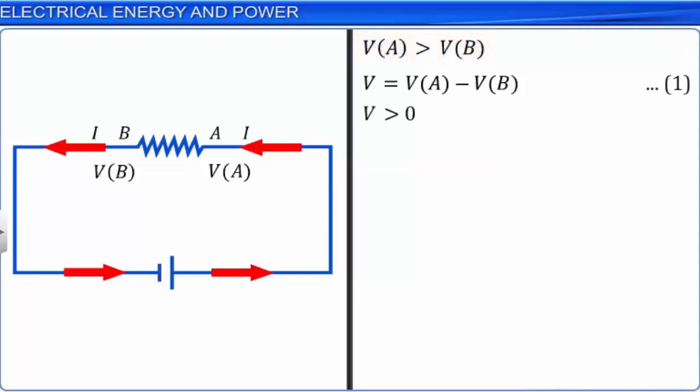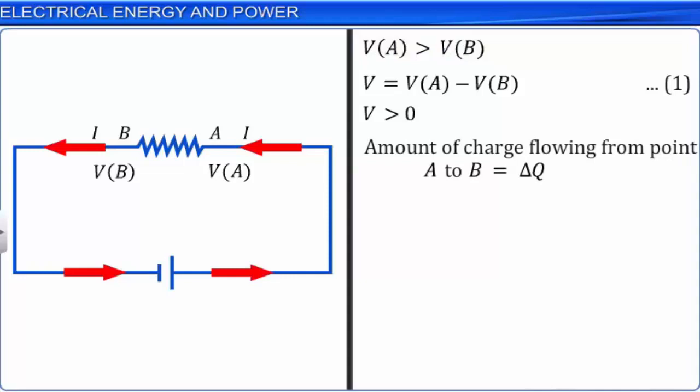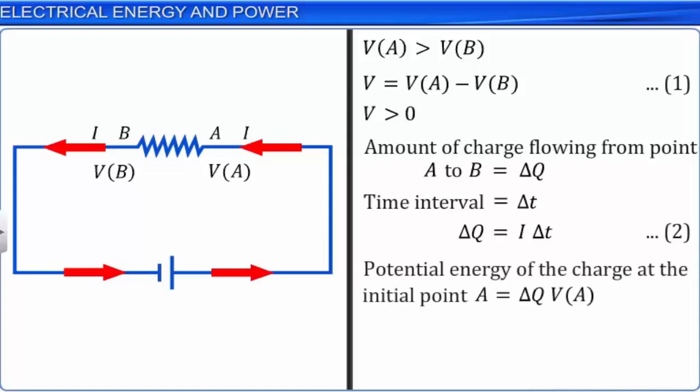Let the amount of charge flowing from point A to B be delta Q in the time interval delta t. Delta Q can be expressed as the product of I delta t. Let this be equation 2. The potential energy of the charge at the initial point A is delta Q VA.